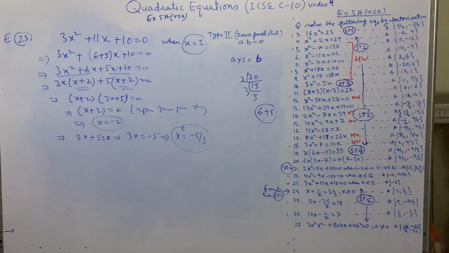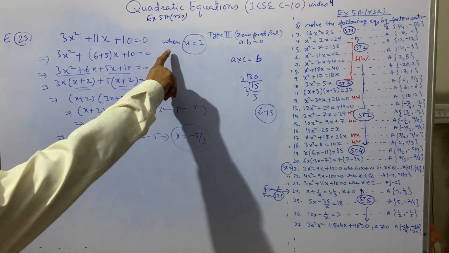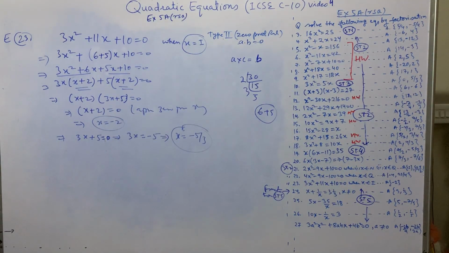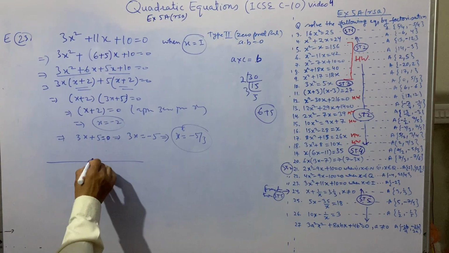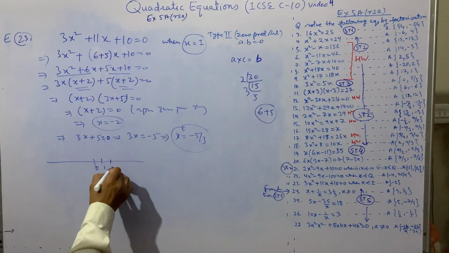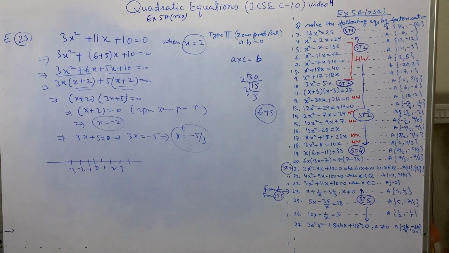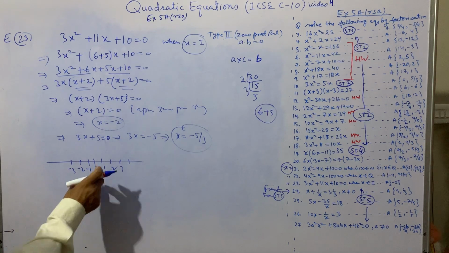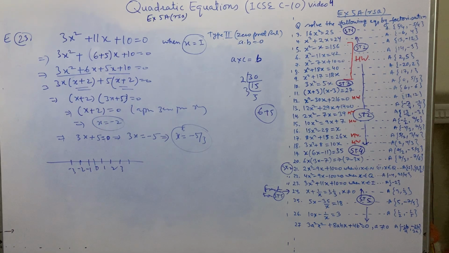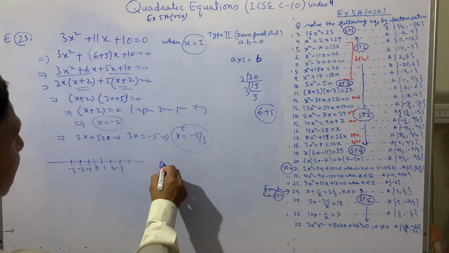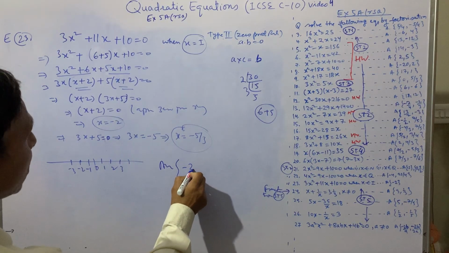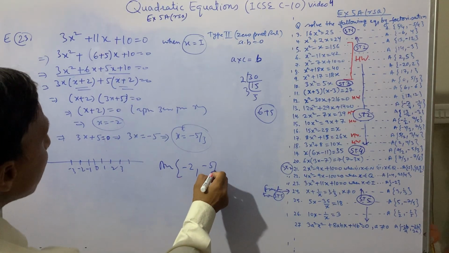But what is this question saying? When it is an integer, you can see the number line here, it covers all the positive numbers as well as the negative numbers, the set of all numbers which are positive as well as negative along with 0, so integers. So the answer would be minus 2 and minus 5 upon 3?